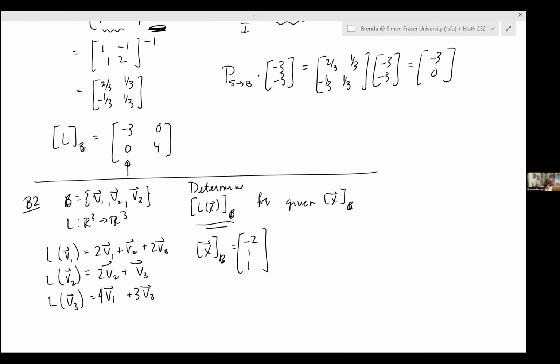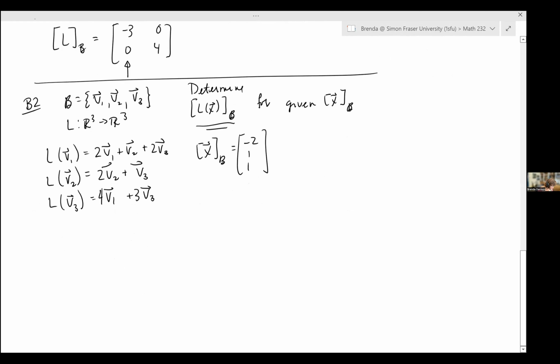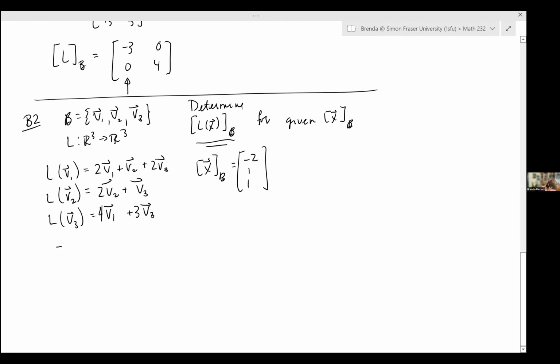Okay. All right. So let us just write out what that is. This guy here that we're going to try to determine, what is the linear transformation applied to x? That is the matrix representing the linear transformation relative to the same basis here, multiplied by the x in the coordinates.